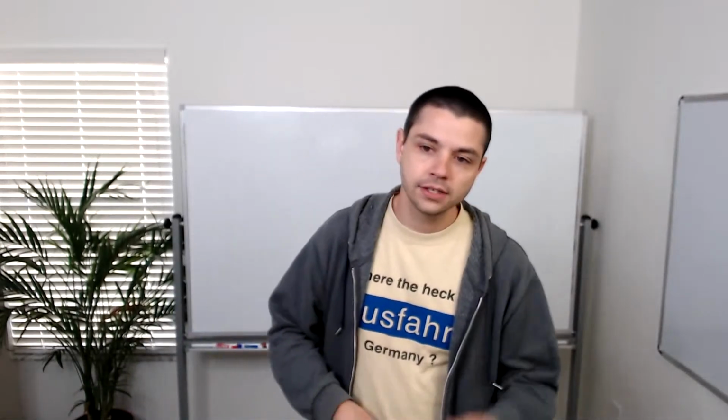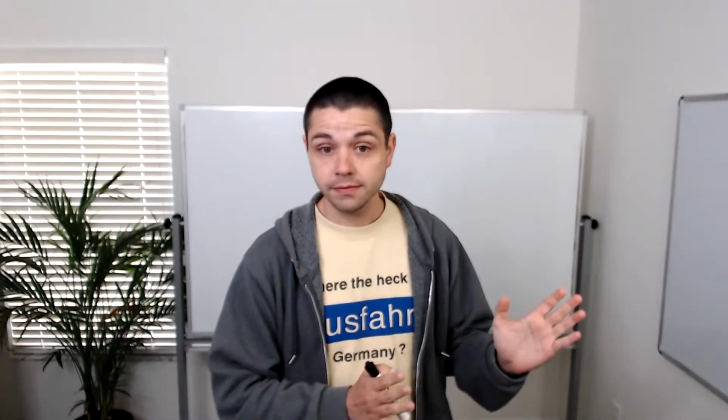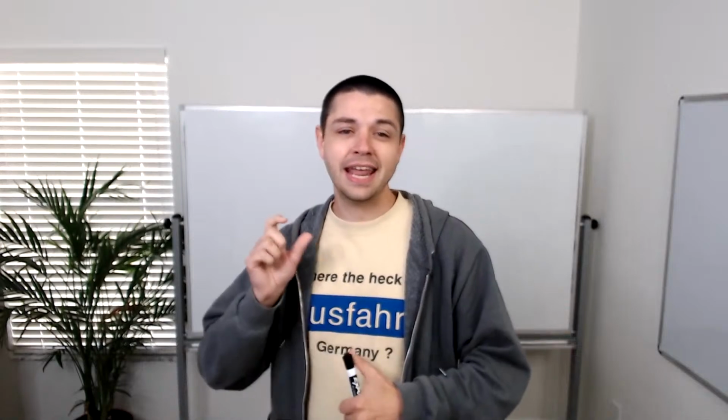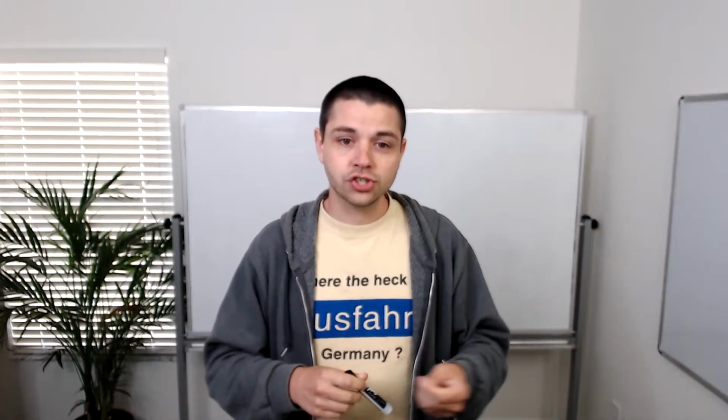Okay, here's a good question. When should we use ever and never? So the word ever, you should use when you have a question or when you have a negative verb in the sentence. And the word never should be used when you have a positive verb in the sentence.